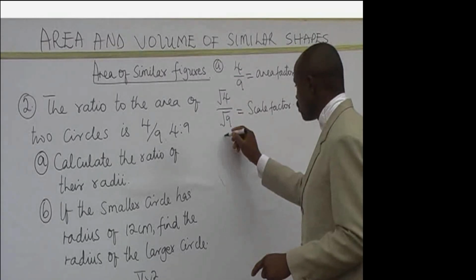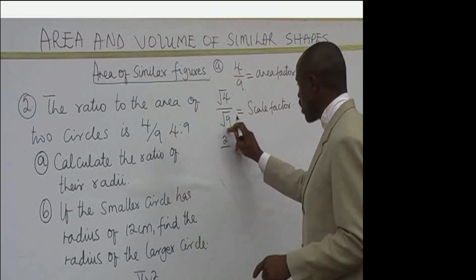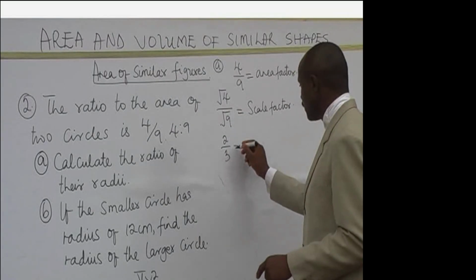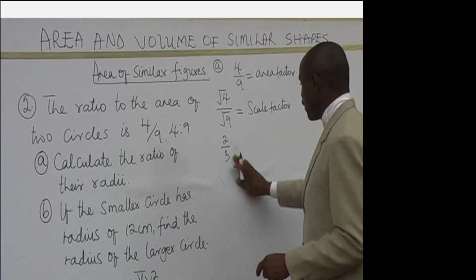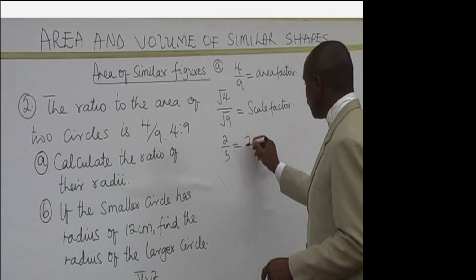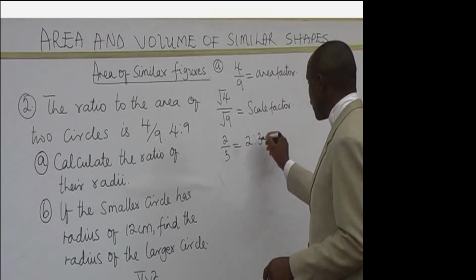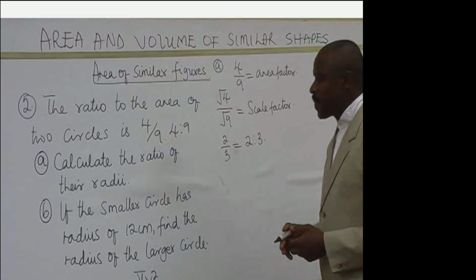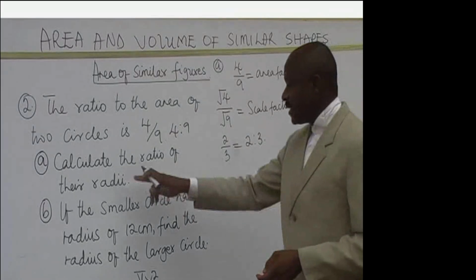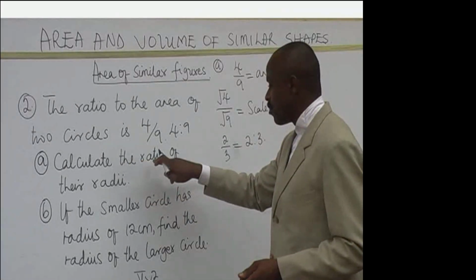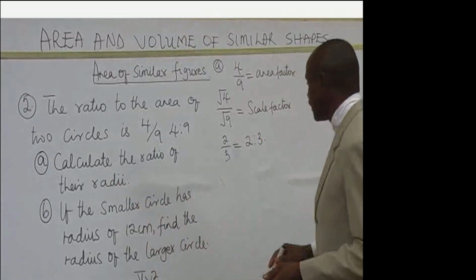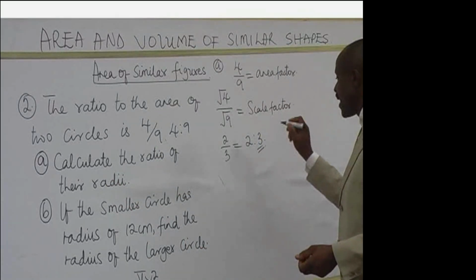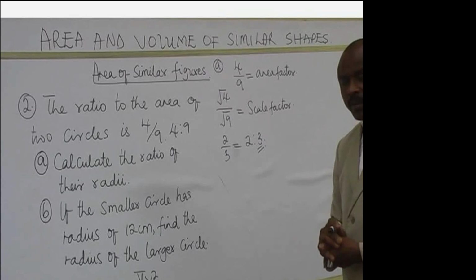Square root of 4 is 2, whereas square root of 9 is 3. This can also be written as 2:3. That means question number A, which asks for the ratio of their radii, has been answered. The ratio of their radii is 2:3.